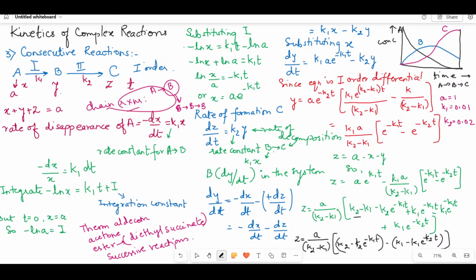Chain reactions may differ in many respects from homogeneous reactions.